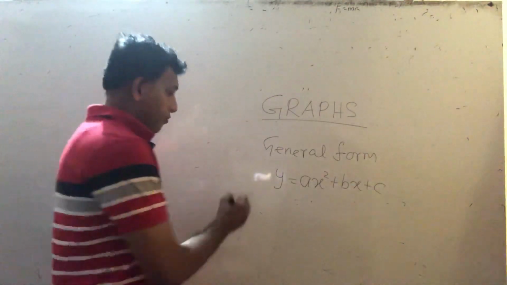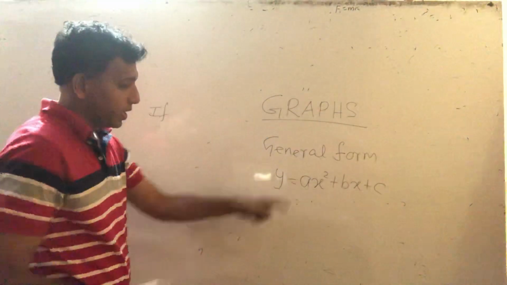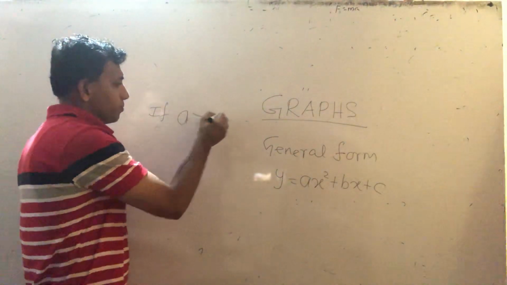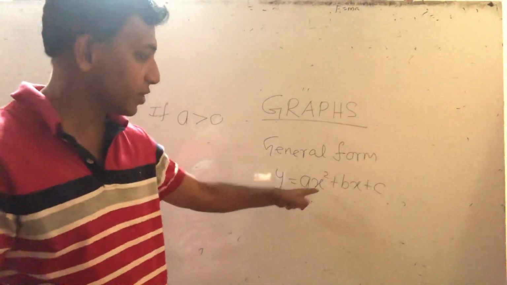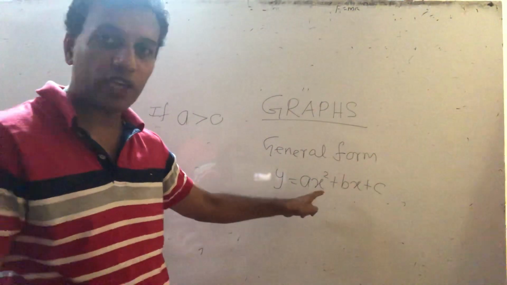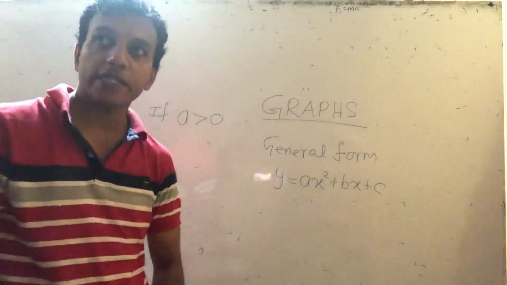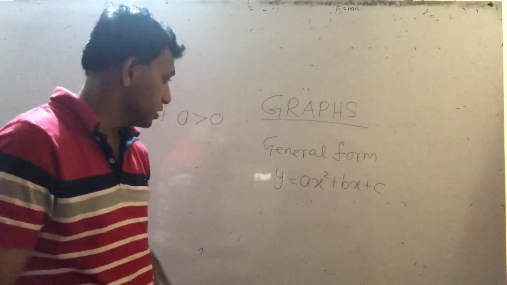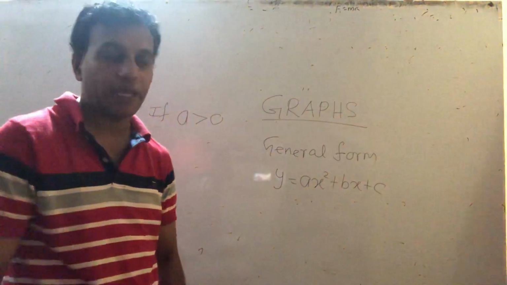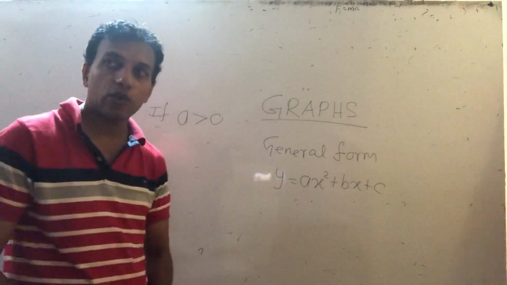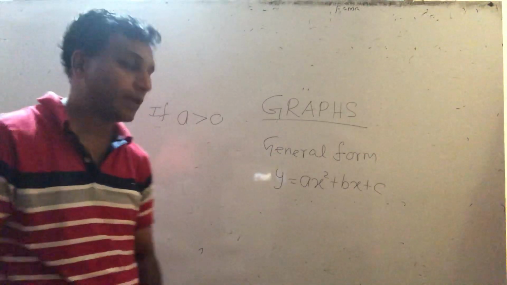And right below, if a greater than 0, what do you mean by that? a means the number in front of x square, what we call the coefficient. If a greater than 0, that means positive in front of x square, the graph is minimum.